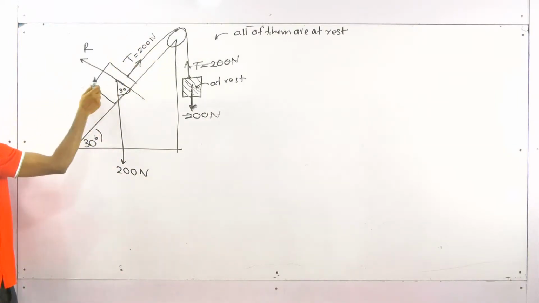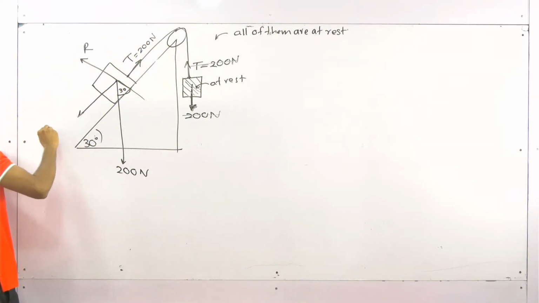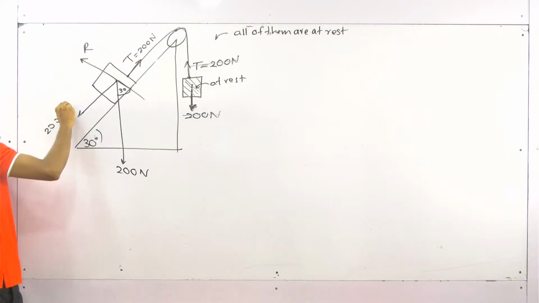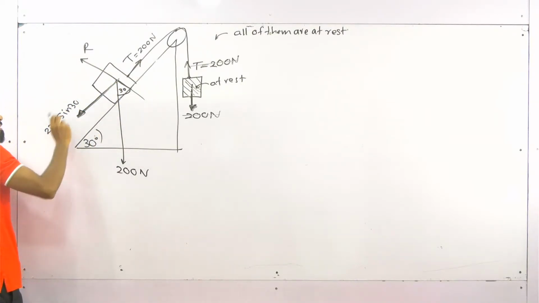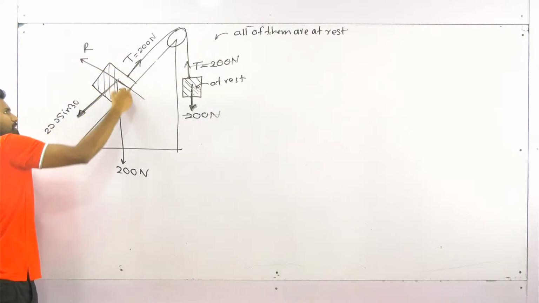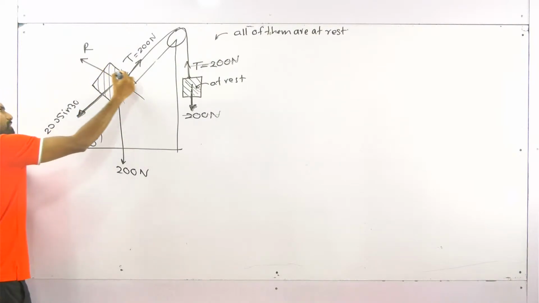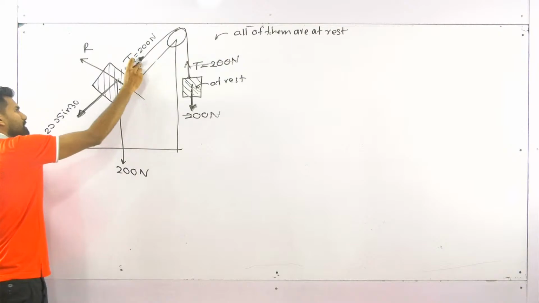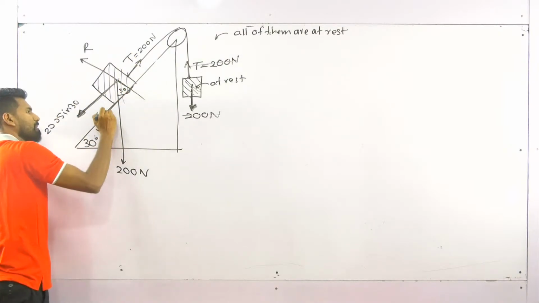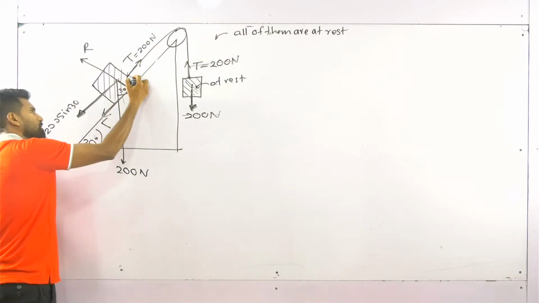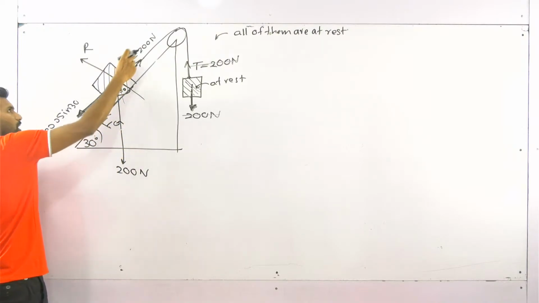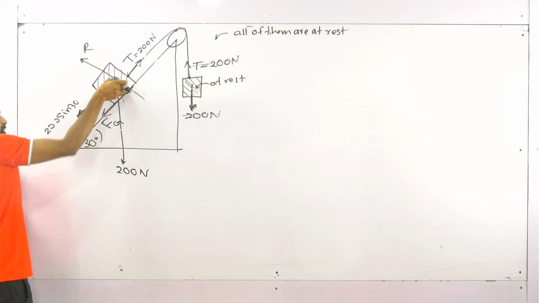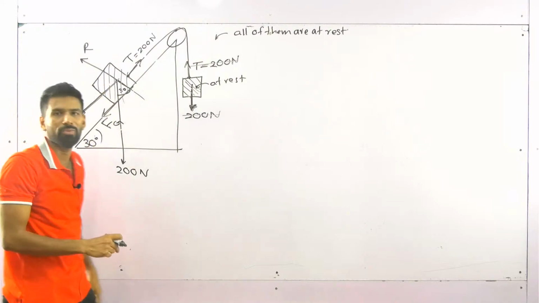And 200 sine 30 is the weight component in this direction. And this is also at rest. To be at rest, this tension force should cancel out with 200 sine 30 and friction in this direction. It tries to move in this direction, but friction will occur in the other direction. So if 200 is equal to 200 sine 30 plus friction, this 4 kg will also be at rest.